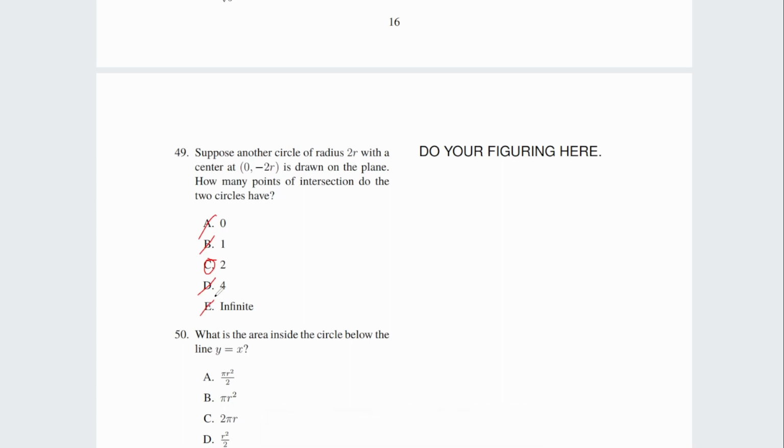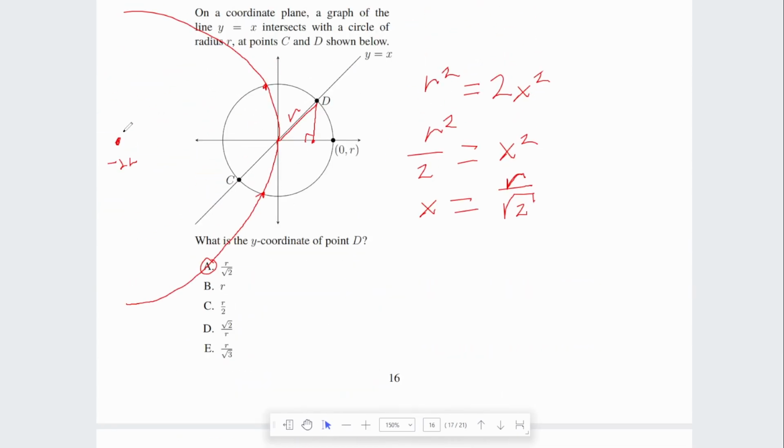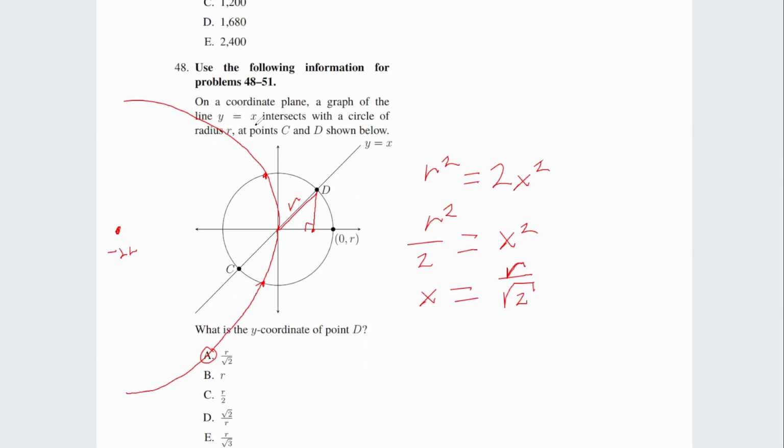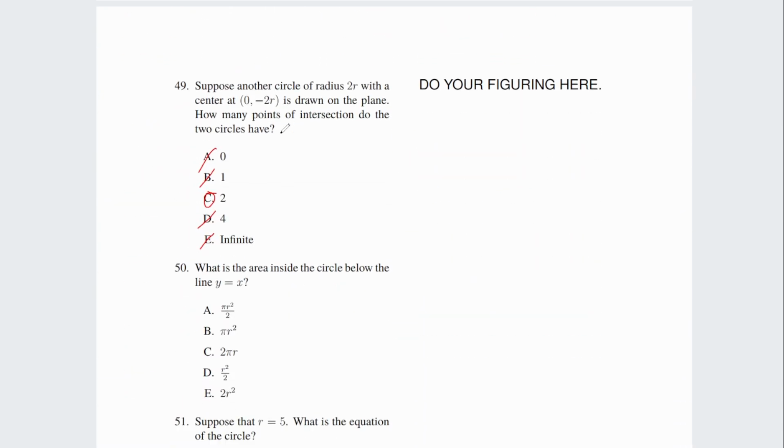So I didn't prove this mathematically at all. I think it's worth noting that I just sort of imagined and drew out what this circle would look like. You could prove this mathematically, but it would take you way more time, right? You could definitely find the equation of this circle, find the equation of the other circle, find where the two equations equal each other, and see how many points there are.